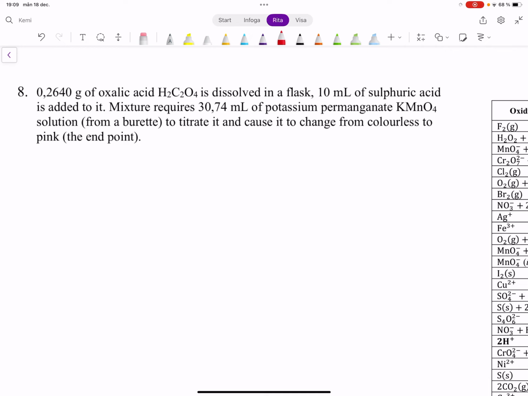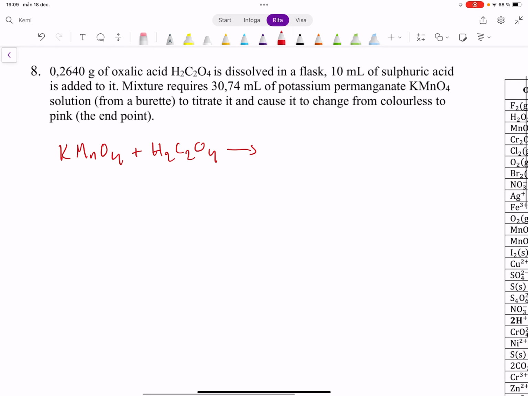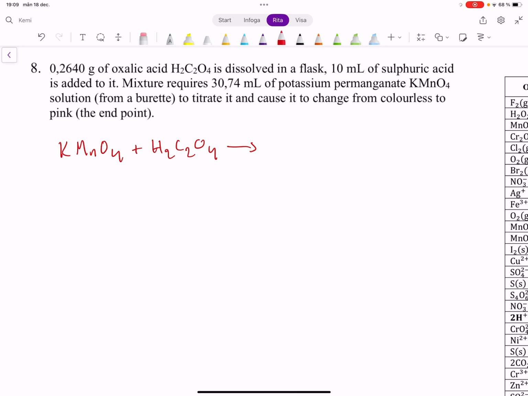So let's start here. We have the potassium permanganate, KMnO4 plus H2C2O4. This will lead to something. So when we balance redox reactions, we need to know the charge, and we need to balance the charges.